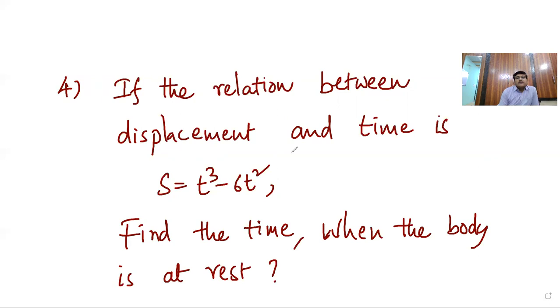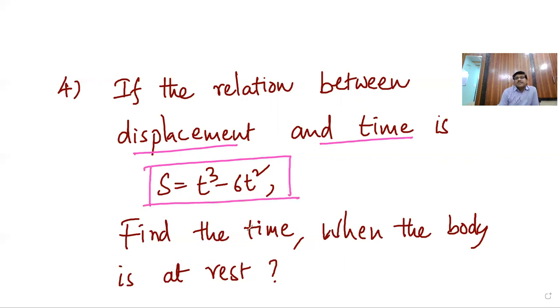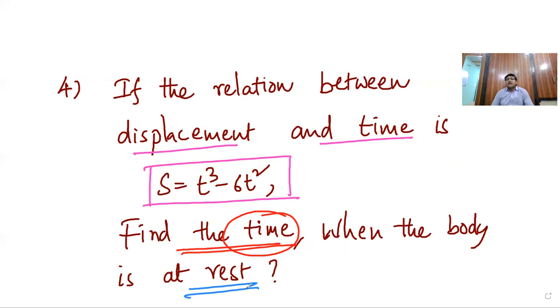When the body is at rest. Observe carefully. The relationship between displacement and time is provided. This is the relationship, and he is asking for the time. He is interested in the time when the body is at rest. What is the meaning of body at rest? Body at rest means velocity is 0.